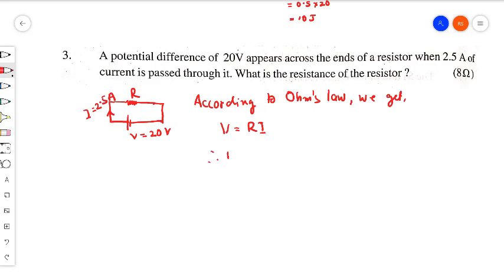Therefore, R is equal to V divided by I. So V is 20, I is 2.5. So this is in ohms. So this is 8 ohms.